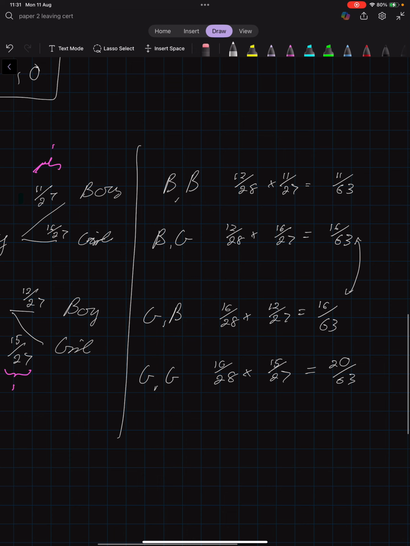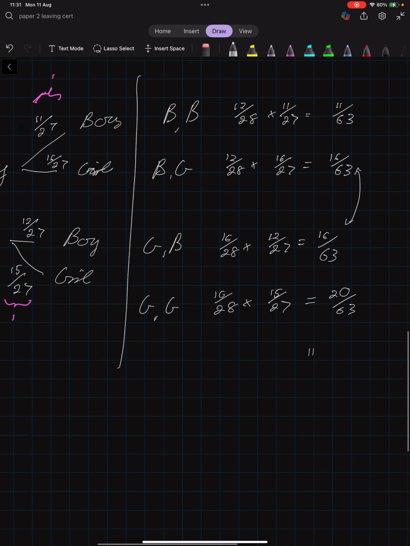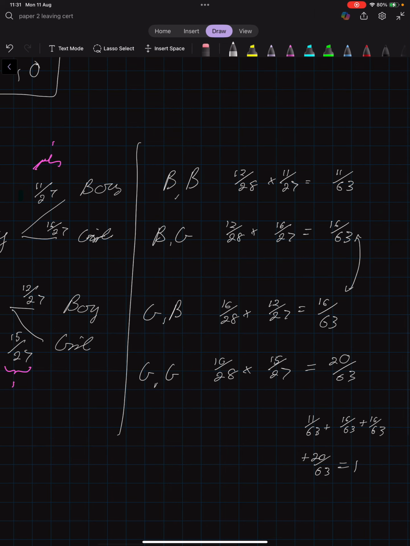Just for reference, if you do 11 plus 16 plus 16 plus 20, you will get 1. Because obviously if I pick two children, I have to get either 2 boys, 2 girls, or 1 of each.